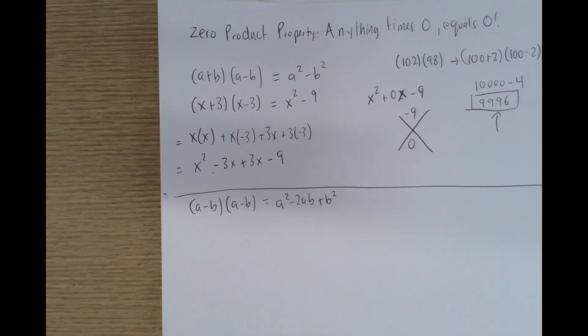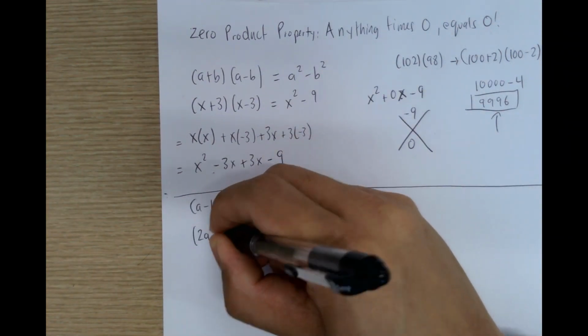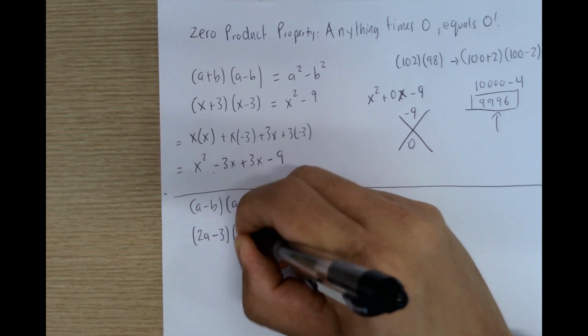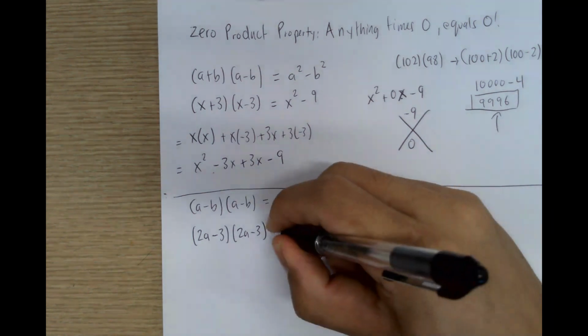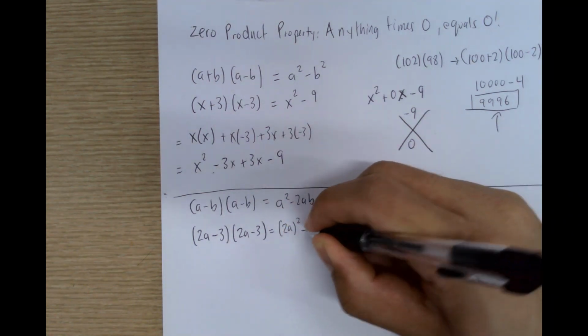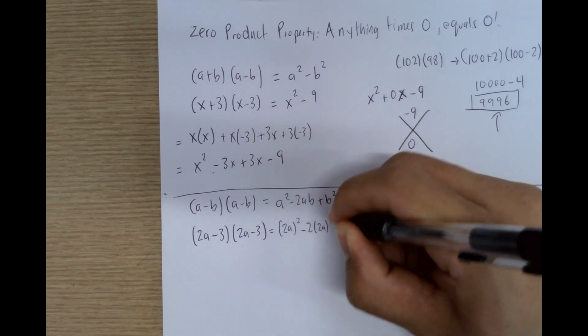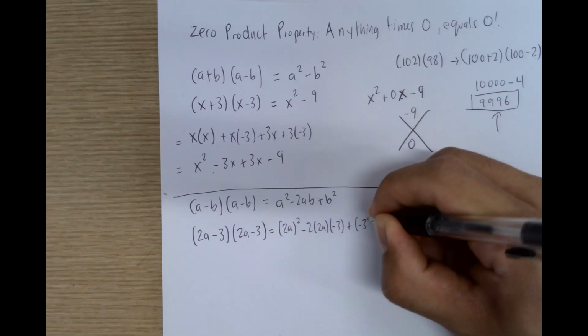So actually, let me give you guys a harder problem here. As an example, you might have something like (2a minus 3) times (2a minus 3). What this is going to equal is (2a) squared minus 2 times 2a times 3 plus negative 3 squared.